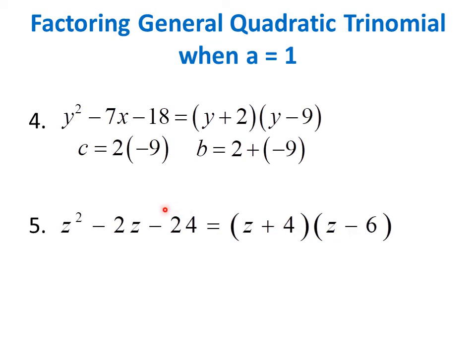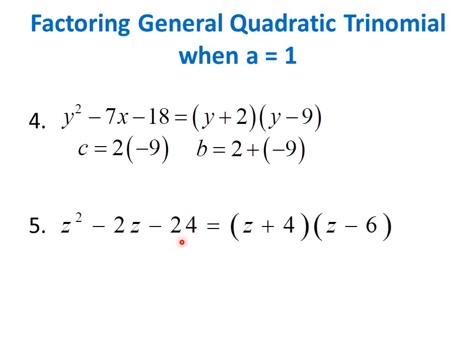So we think of two factors of negative 24 that can add up to negative 2. What are the factors of 24? We have 1 times 24, but they won't add up to 2. How about 2 times 12? Nope. How about 3 times 8? Still no. How about 4 times 6? Possible. So let's consider 4 and 6.